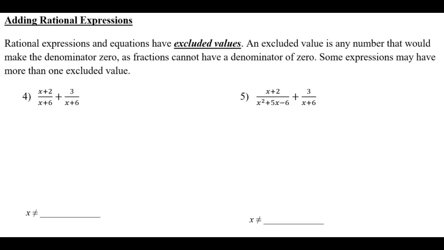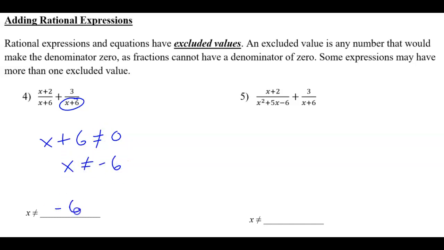Okay, so if you're ever asked what values have to be excluded for x, well, if you look at the denominators, if you take that denominator, which in this case they're the same, if you set that equal to 0, because we know that technically x plus 6 cannot equal 0. And then if we solve for x, that means x cannot equal negative 6.